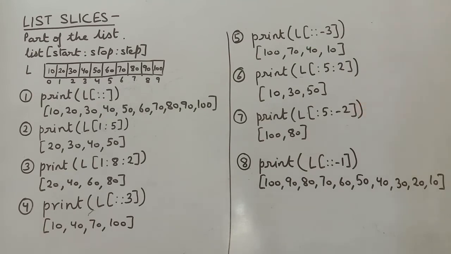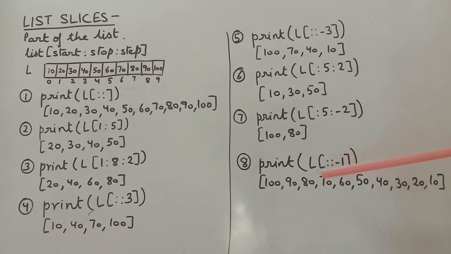Starting from -1, that is 100, then the second value 80, and we have to go until the index after 5, since 5 will not be included. So only two values will be extracted, that is 100 and 80.